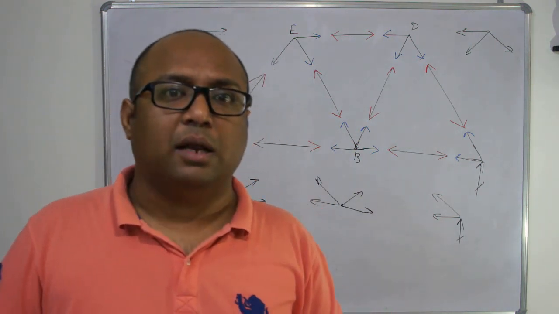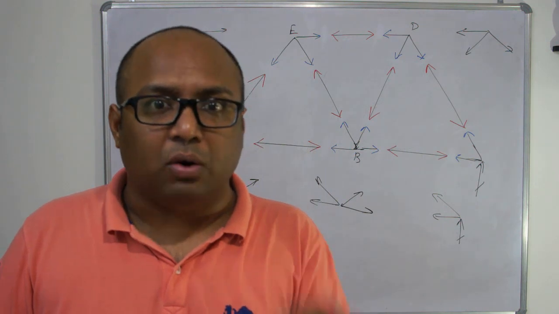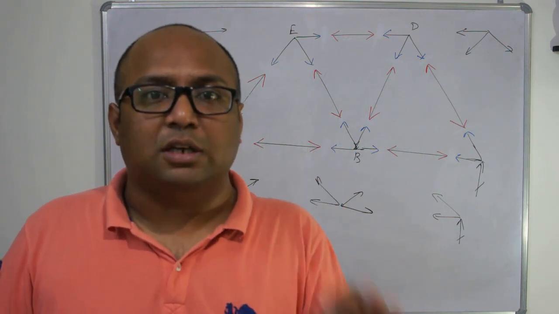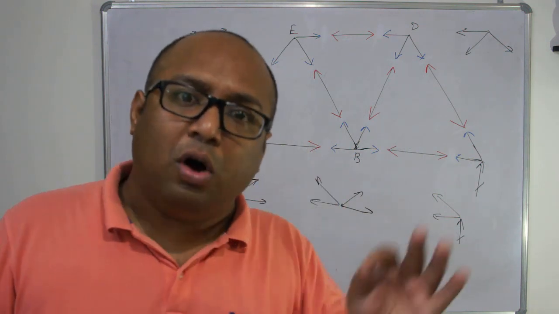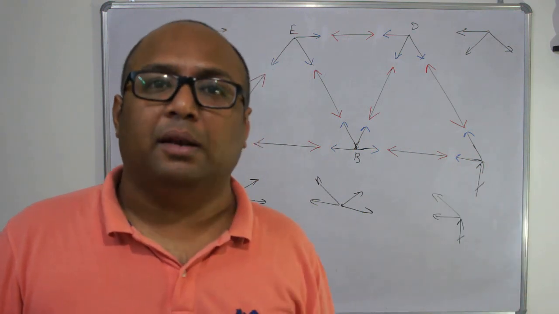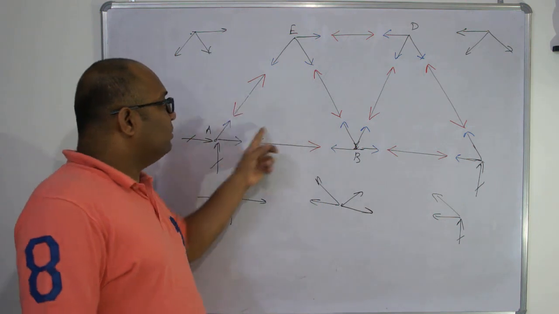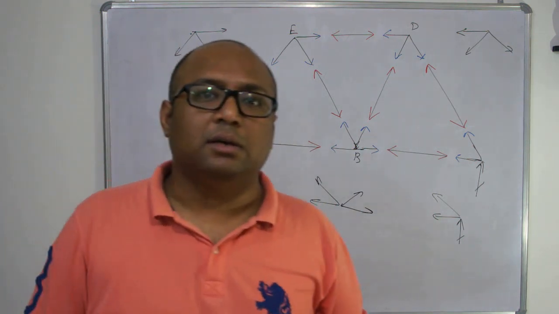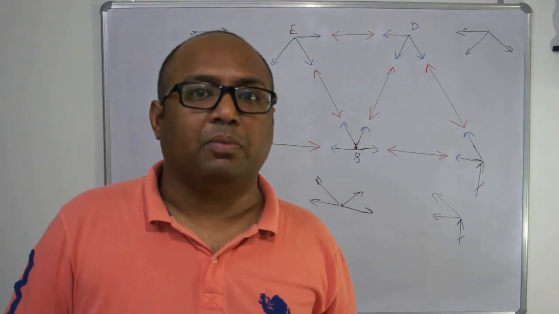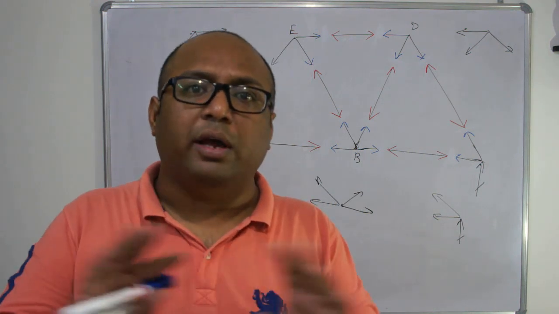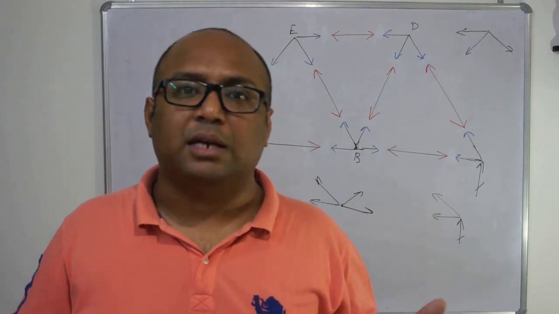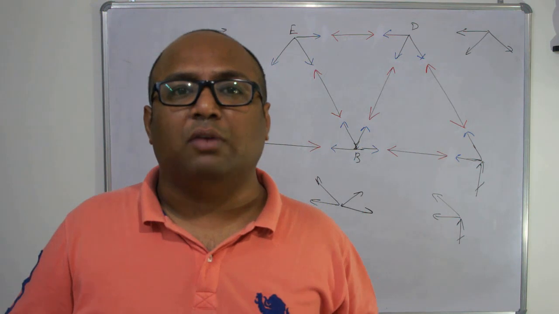I repeat this once again. Whenever you are drawing the arrow, you draw the arrow in such a way that it moves along the member and away from the pin. If you do so, then the assumption that the member is in tension is accepted. Don't follow any other sign convention. There can be many other sign conventions that will put you into confusion.